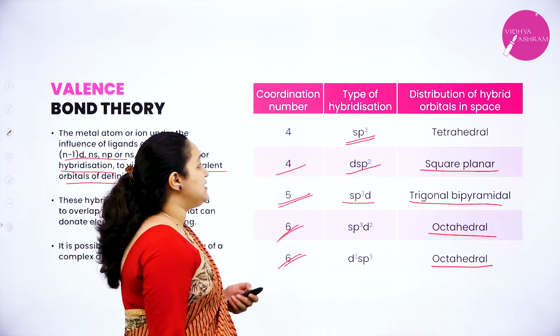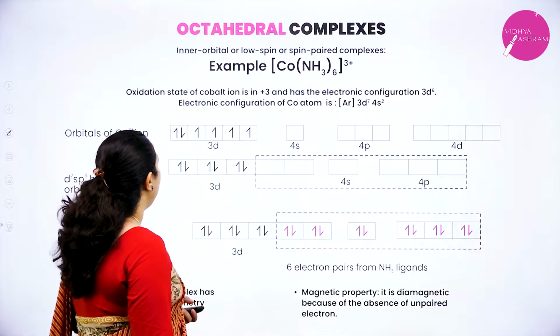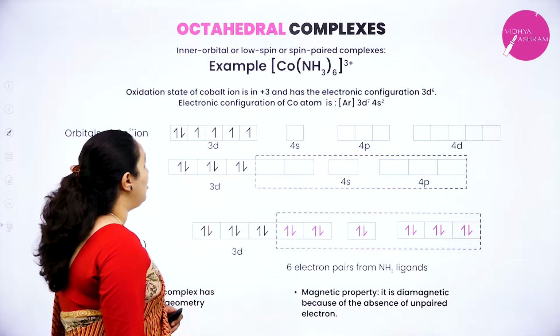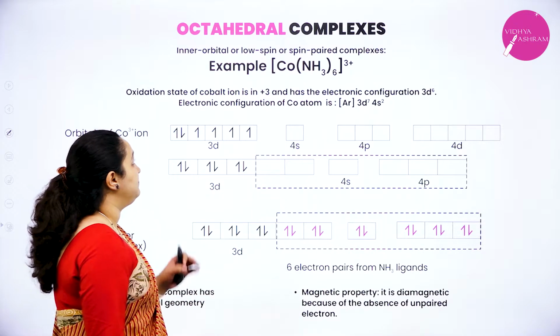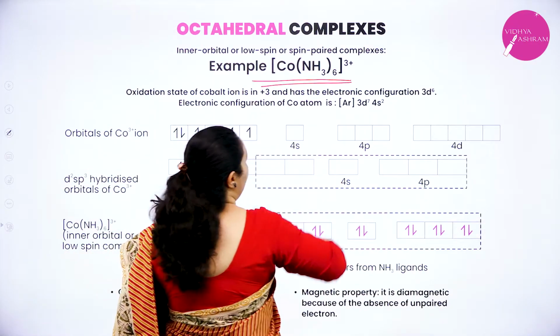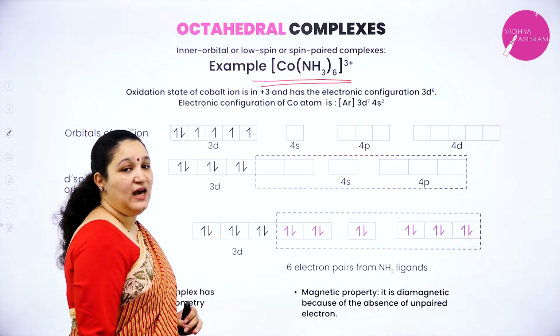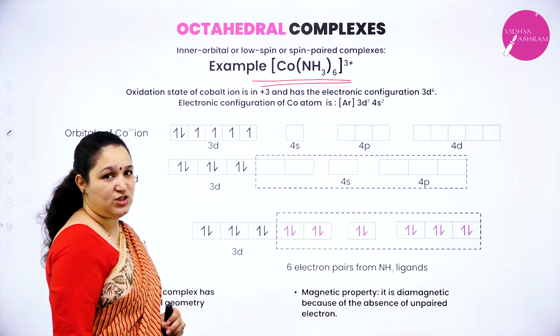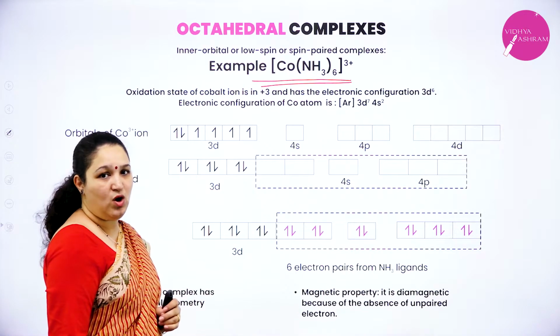Okay. So, the first example for octahedral complexes that we are taking is [Co(NH3)6]3+. It is a cationic complex.